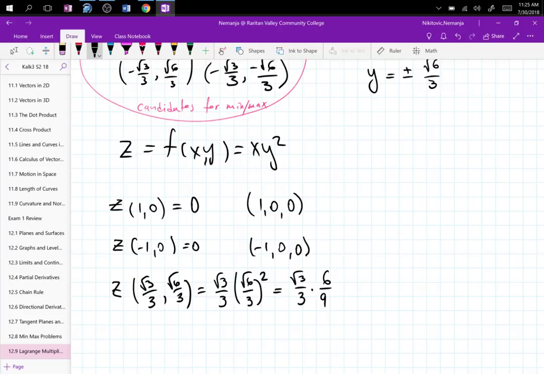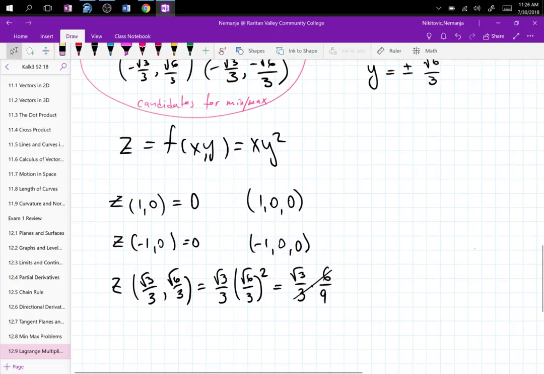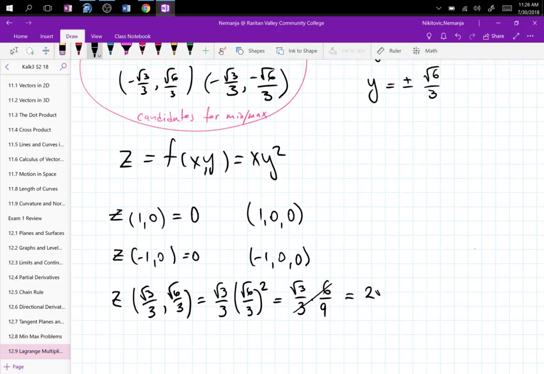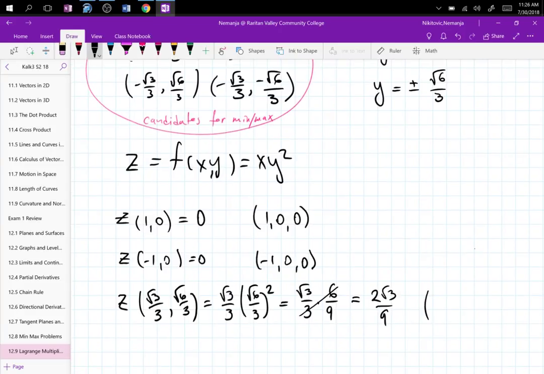When you square it, the square will kill the root, and you have 6 on top. On the bottom, you have 3 times 3 is 9. Now, these will cancel, so we have 2 square root of 3 over 9. So what is the point? The point is root 3 over 3, root 6 over 3, and 2 root 3 over 9. Great, 3 to go.